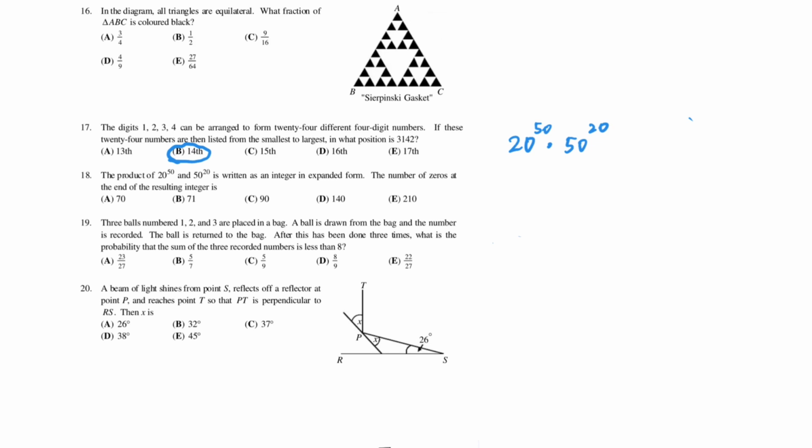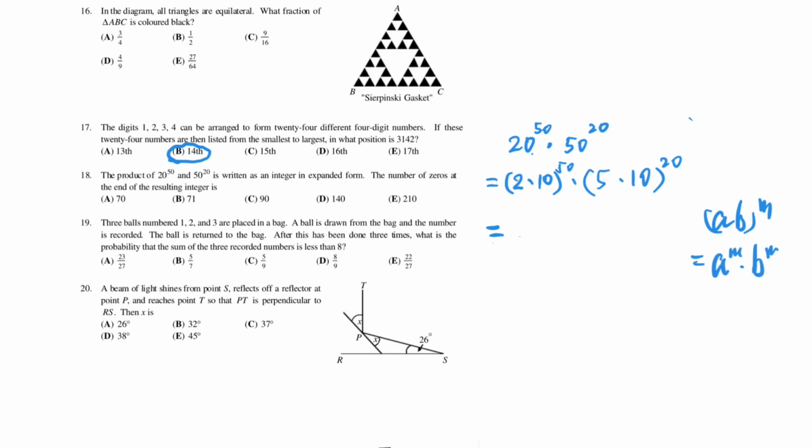Now we split 20 to 2 times 10 to the power 50 times 5 times 10 to the power 20. And then we use the exponent law, (ab) to the power m gives us a to the power m times b to the power m. Use this power rule.